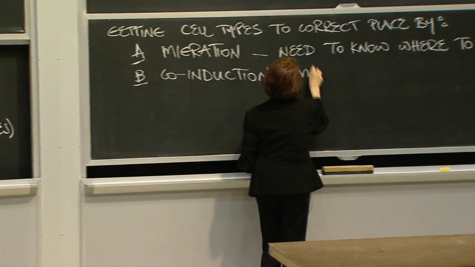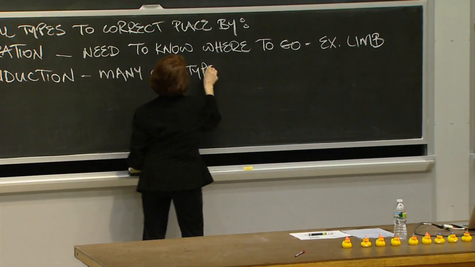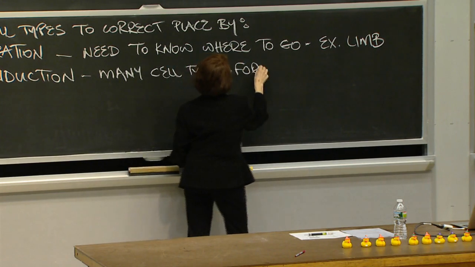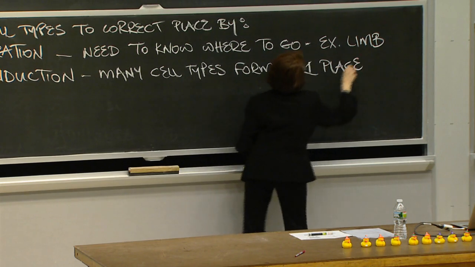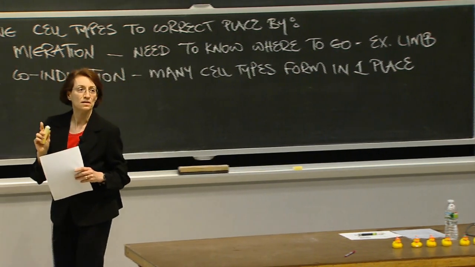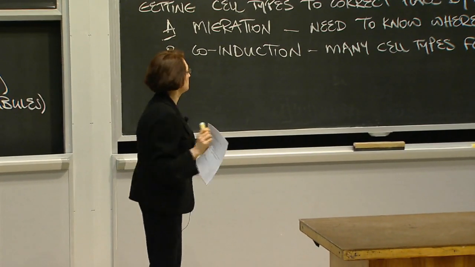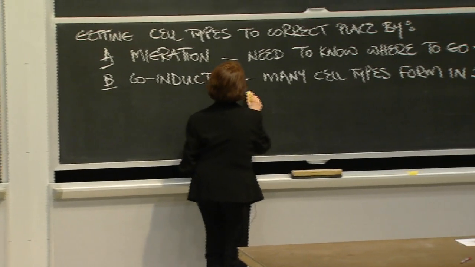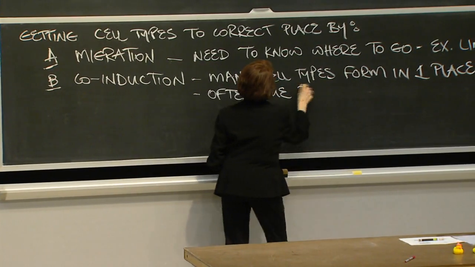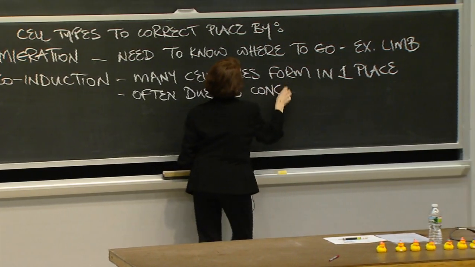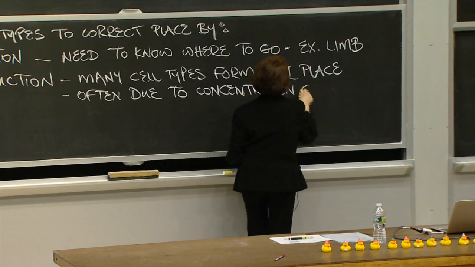where many cell types, or several cell types, form in one place, often because one signal can act at different concentrations to give rise to different cell types. So many cell types form in one place, often due to a concentration gradient of an inducer, of a signal.